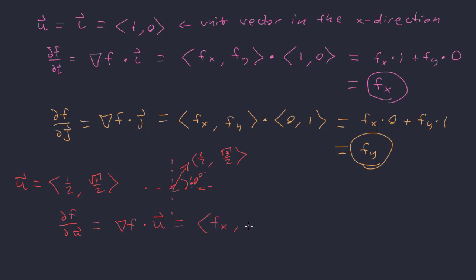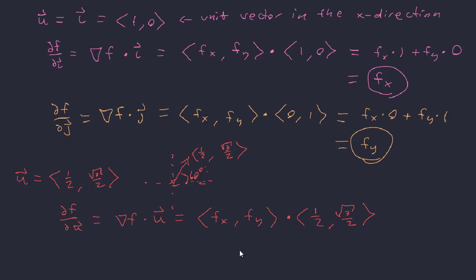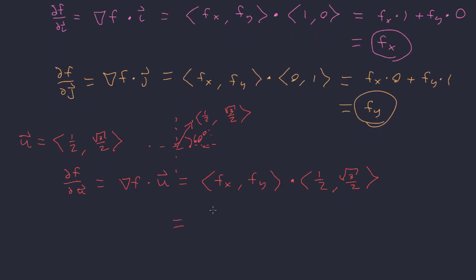So it will be f sub x comma f sub y dot 1/2 comma root 3 over 2. What that means is we get 1/2 times f sub x plus root 3 over 2 times f sub y.